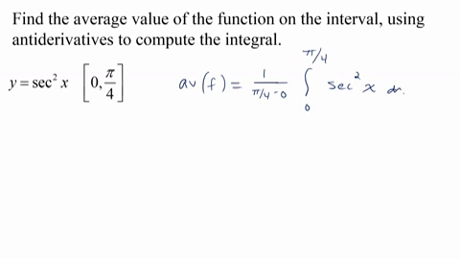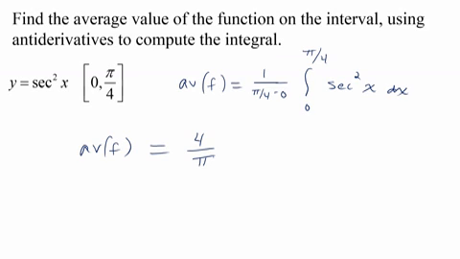So to simplify, the average value of f: 1 over pi over 4 minus 0 is the same thing as 4 over pi. Now we're going to multiply that by the definite integral from 0 to pi over 4 of secant squared x dx.